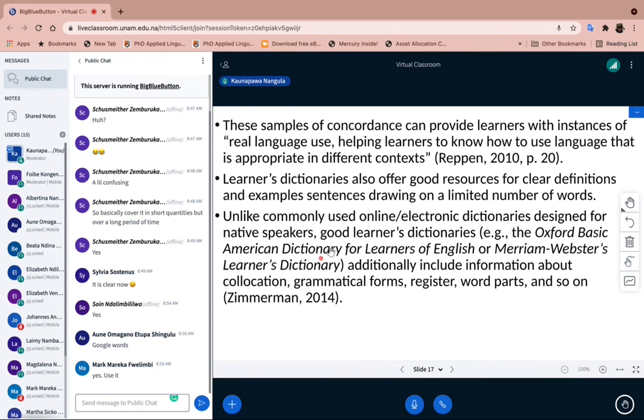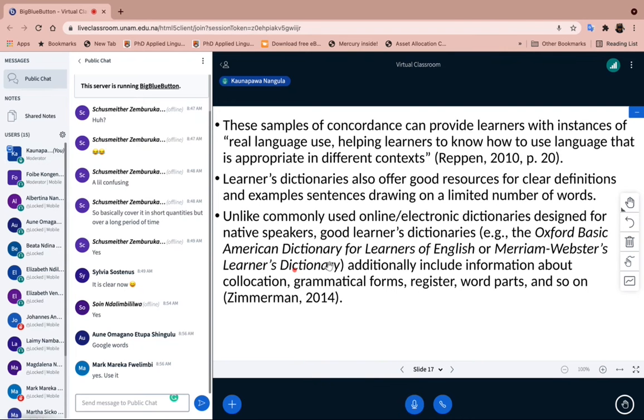These ones are good because of how they explain the words. They use simple terms that help learners really understand the word. But if they use the normal native dictionaries, let's say just Merriam-Webster dictionary, which is not for learners, or Oxford dictionary that is not for learners, the definition can be a little bit difficult.